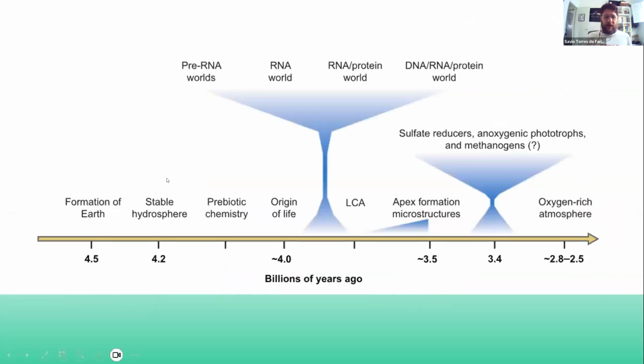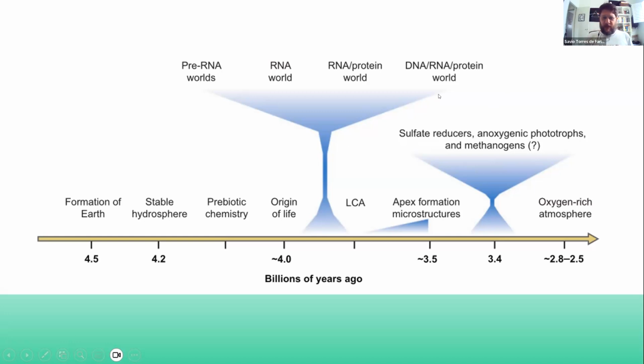So here we have a flux of information when you look at the natural history of living beings. The first informational molecule was the RNA, and that passed to a stage when you had RNA and protein. And the last stage, we had DNA that passed the information to RNA, and the RNA passed the information to protein.